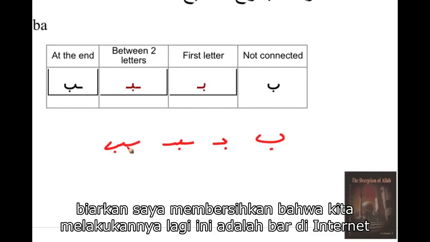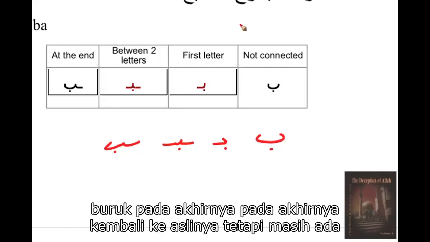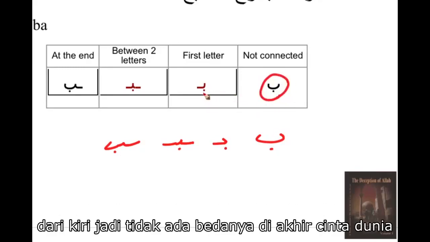Now let me clean that. We do it again. This is ba in the original. This is ba in the beginning. This is ba in the middle, and this is ba at the end. At the end, it goes back to the original, but still there is a line to connect, remember? Letter ba accepts connection from the right and from the left, so there is no difference.